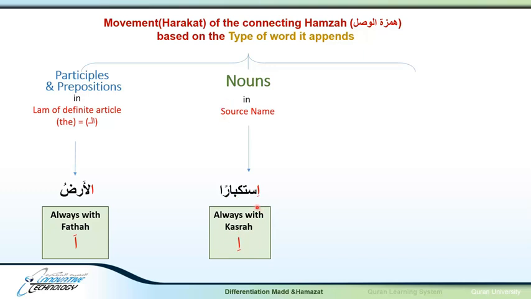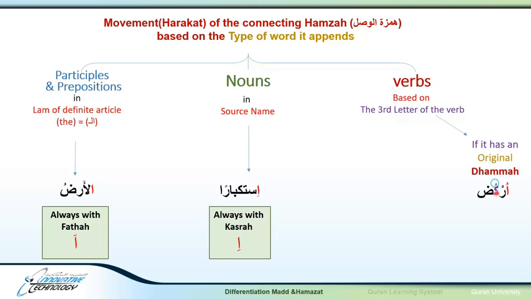Now, when it comes with verbs, then there'll be a variation. We'll look into the 3rd letter of the verb. If the 3rd letter of the verb is an original dhamma, as in urkud, we find that the kaf here has a dhamma. It is the 3rd letter of this verb. And in that case, we will pronounce the hamzatul wasl with dhamma, u, urkud.